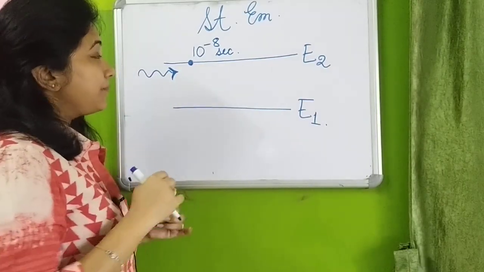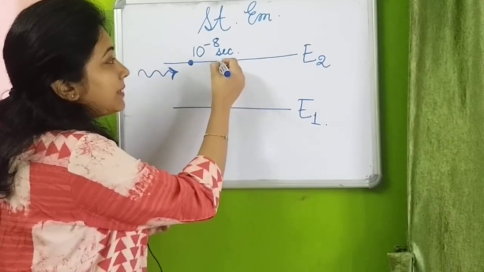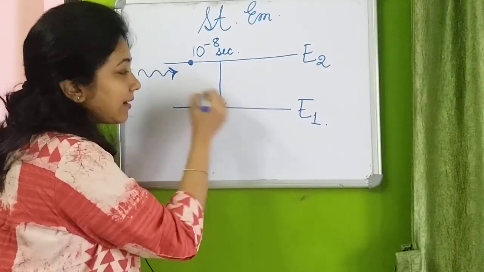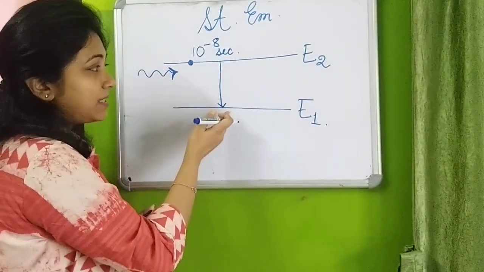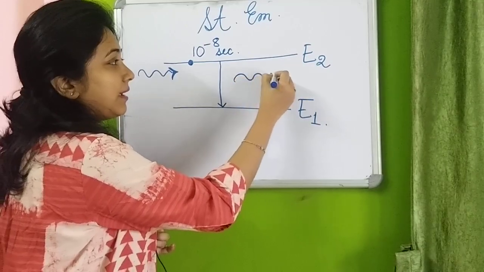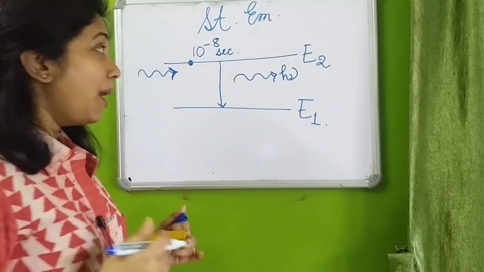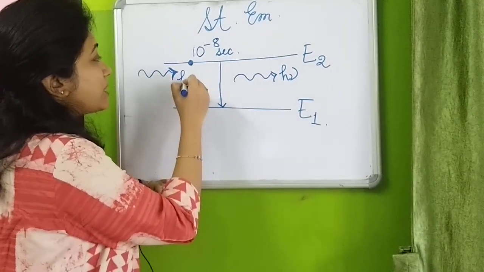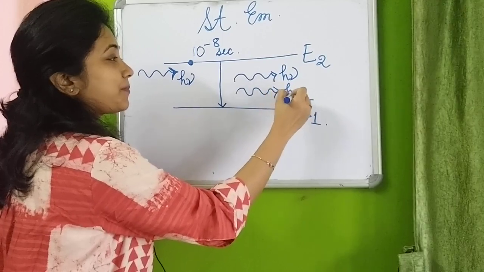It will stimulate this excited electron to come down to the ground state. And remember, while it comes down, it must release one h nu, the extra energy that it has. But what will happen to the h nu which has come? This h nu will also be going out.